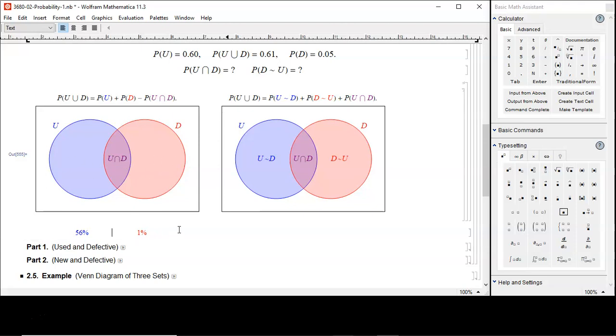So in the middle, what do you get? Did I do this right?